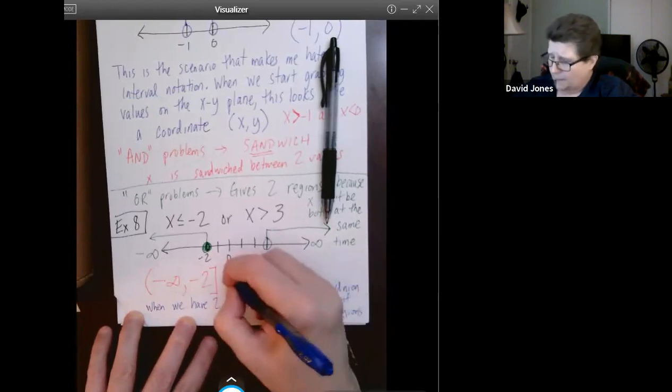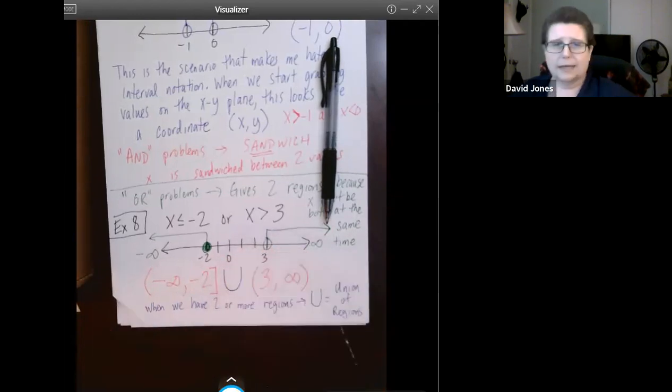I'm going to put a capital U right here in the middle, and we make it kind of wide. It means we have one region, it could be in one region, or it could be in the next region. So there, I just gave you the regions, or I gave you the inequalities.